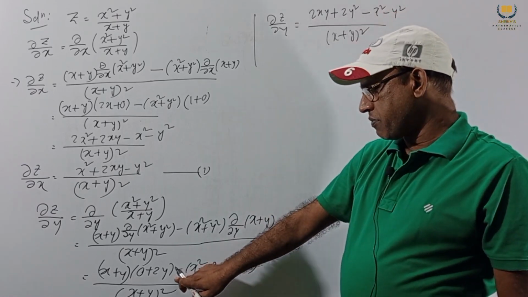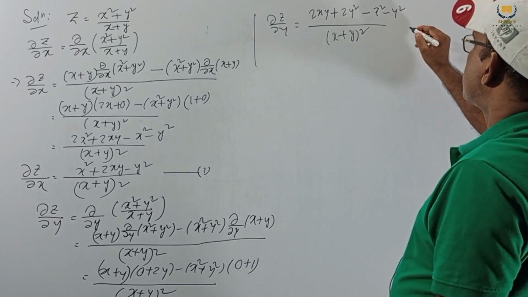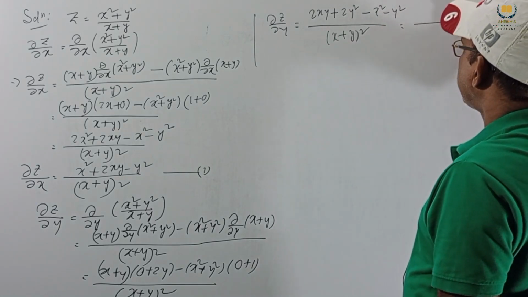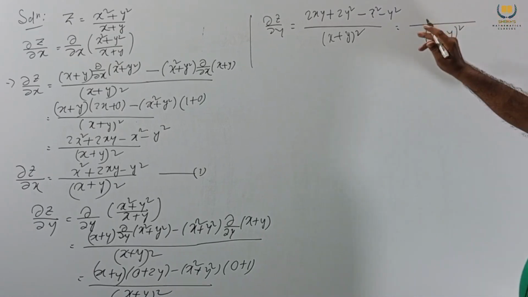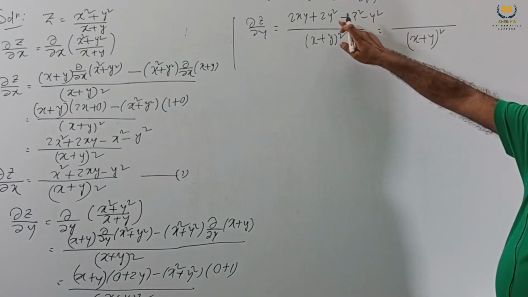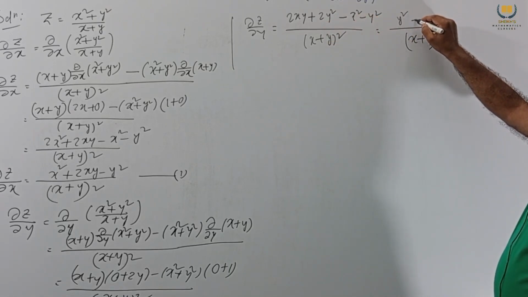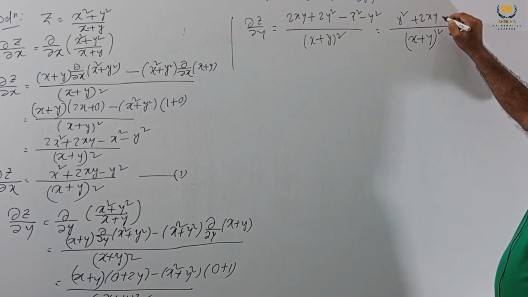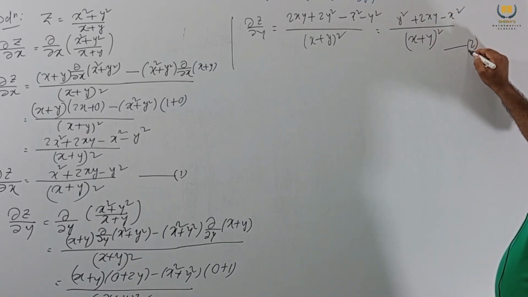In front of the bracket is a minus sign. If we remove the bracket, all the signs will be changed, and this will be, we write here, over (x plus y) whole square, 2y square minus y square. This will be y square plus 2xy minus x square. This is number 2 we consider.